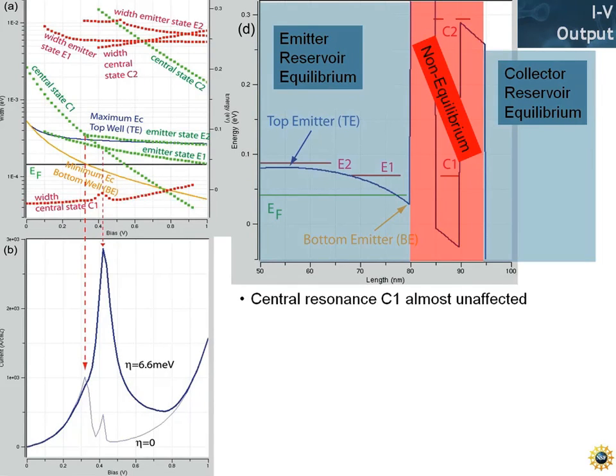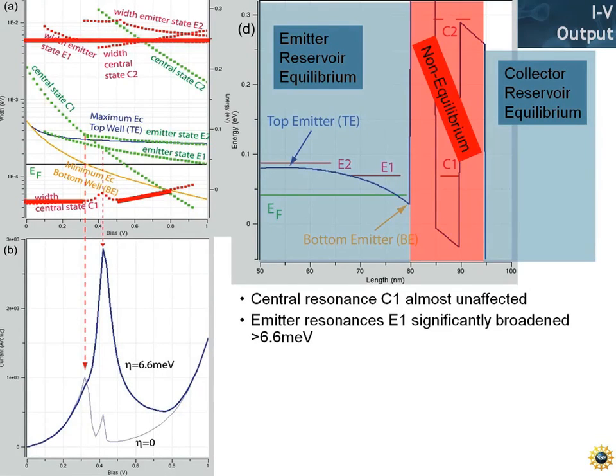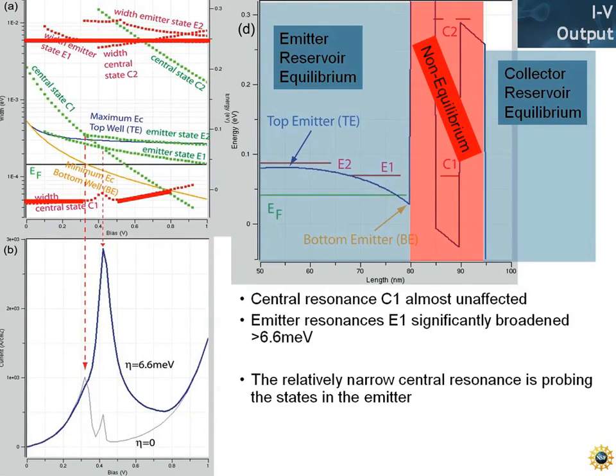The key element here is that the central resonance C1 is almost unaffected in its resonance width, while the emitter one is significantly broadened to over 6.6 millielectron volt, and the relatively narrow resonance is probing the states in the emitter, just like what we had before. And since this resonance E2 is now much broader than it used to be, it carries much more current.